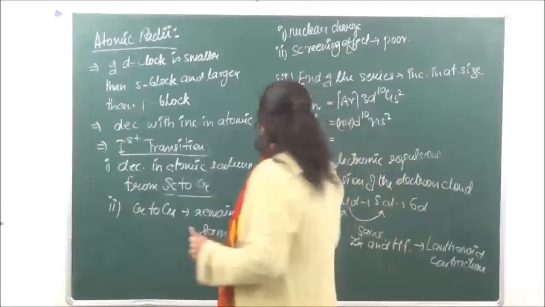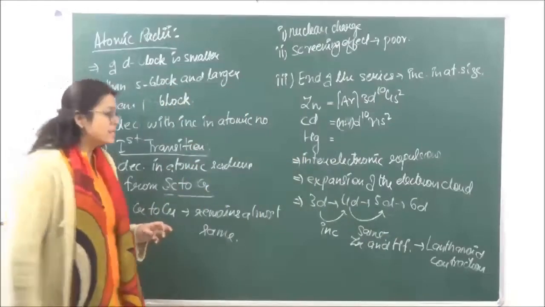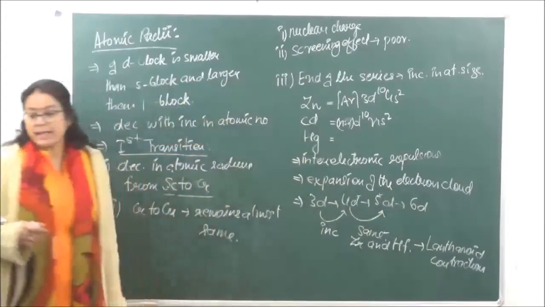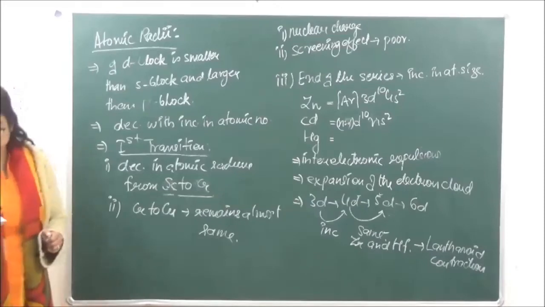So this is one question which comes to you: why zirconium and hafnium have the same sizes, or why 4d and 5d have the same sizes? The reason behind that is lanthanoid contraction. ठीक है? So this was the second property.